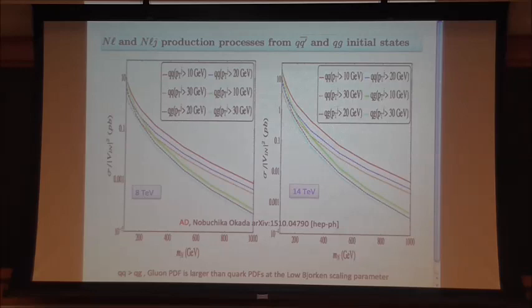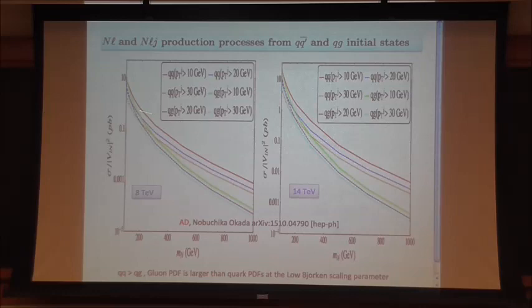We suspect that it is because of the Bjorken scaling parameter: if we go to a high Bjorken scaling parameter, then the quark PDF is greater than the gluon PDF, right? So that could be the reason why the quark-quark one-jet dominates over the quark-gluon one-jet process.